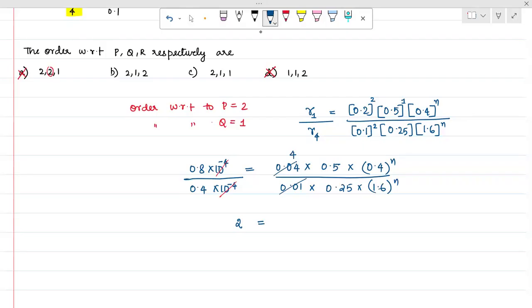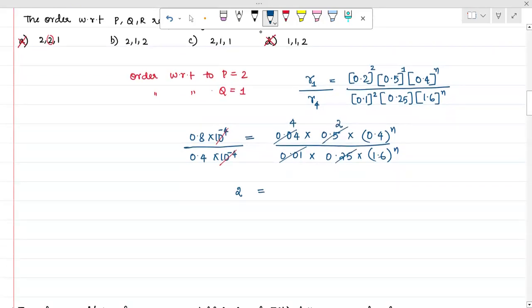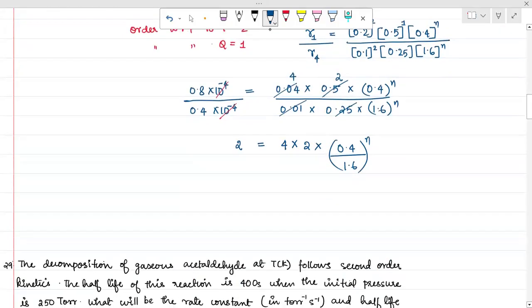Correct? And 0.5 divided by 0.25 is 2. So what do you have? You have 4 into 2 into 0.4 by 1.6. They have got a common power raised to n.